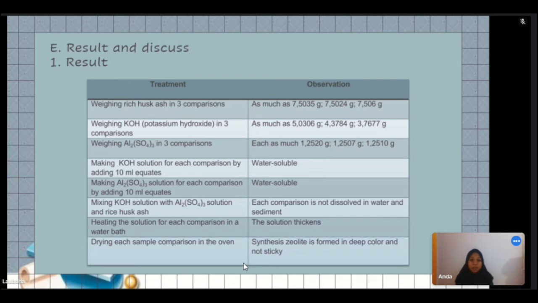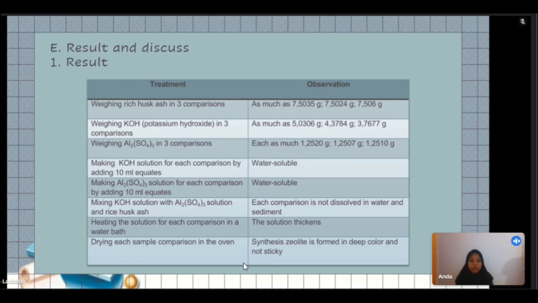Observation as much as 5.0306 grams, or 5.37, or 0.84 gram, or 3.7677 gram. 3.